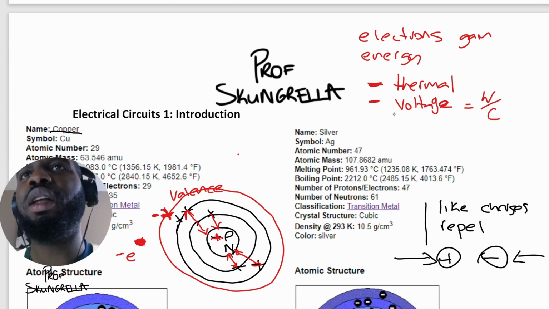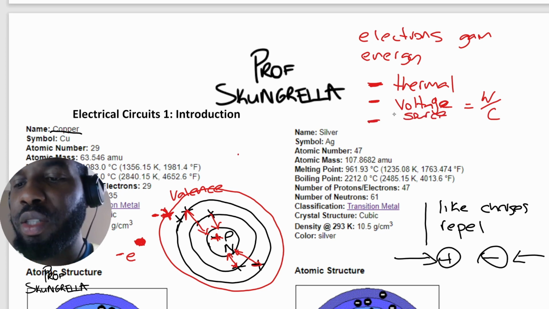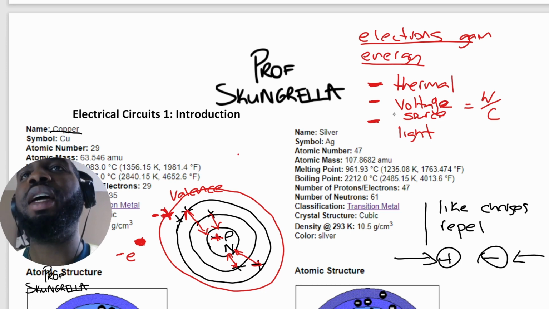Again, a coulomb is the unit for charge. So a voltage source causes free electrons. And then the third thing that causes us to have free electrons is light, radiant energy. Light can impart energy to electrons, so we can have free electrons as well.